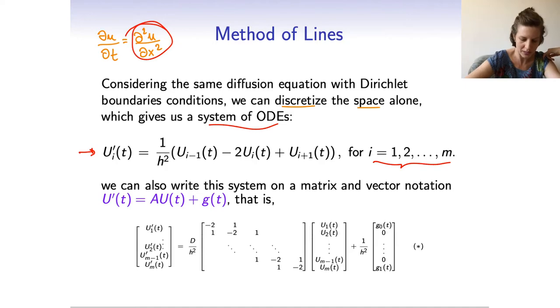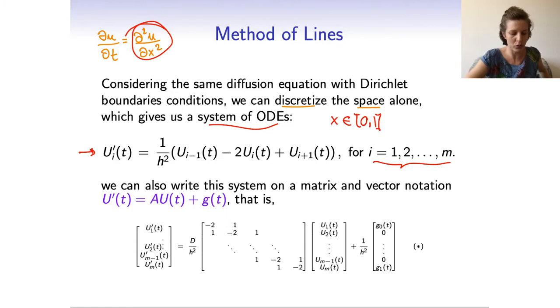We are just interested in the discretization of the interval [0, 1] in space. So we get a system of ODEs, and as you see, we can also write this system in matrix and vector notation.